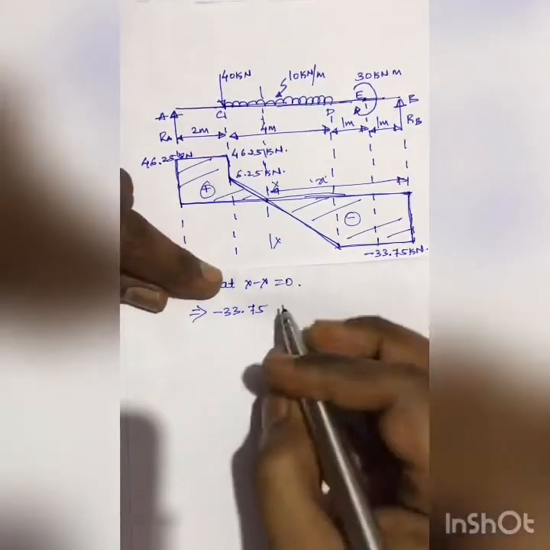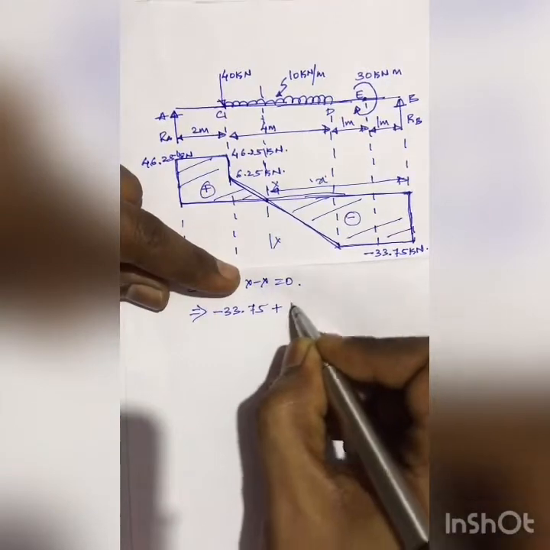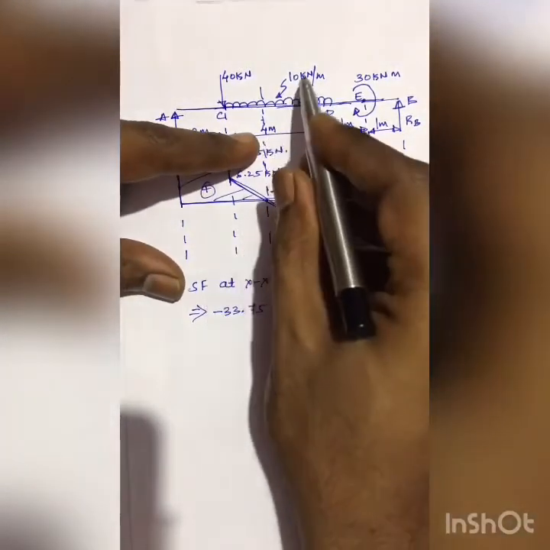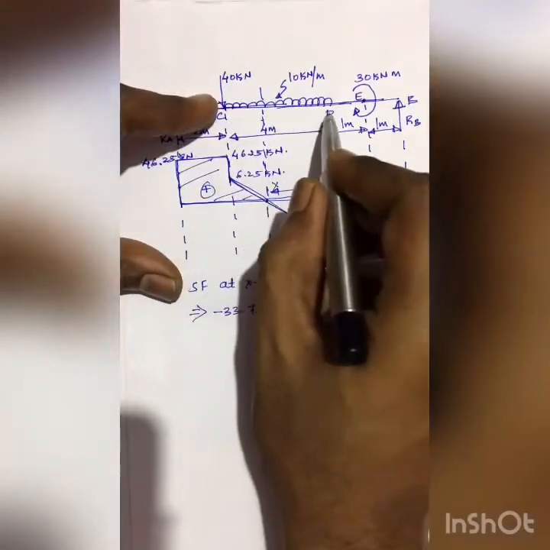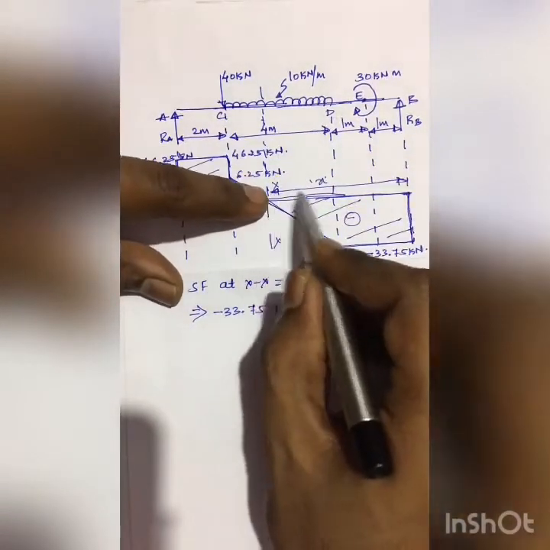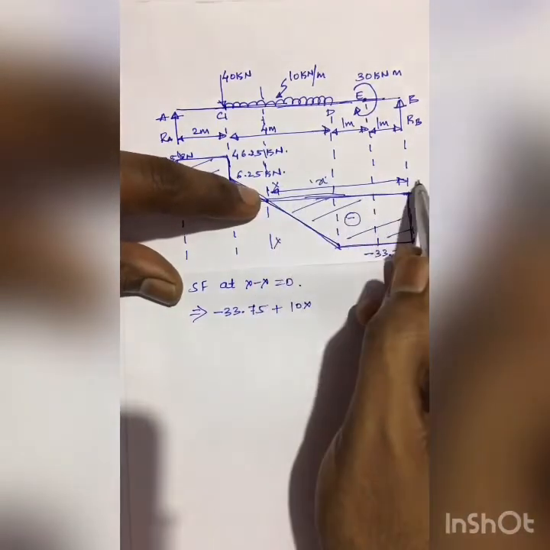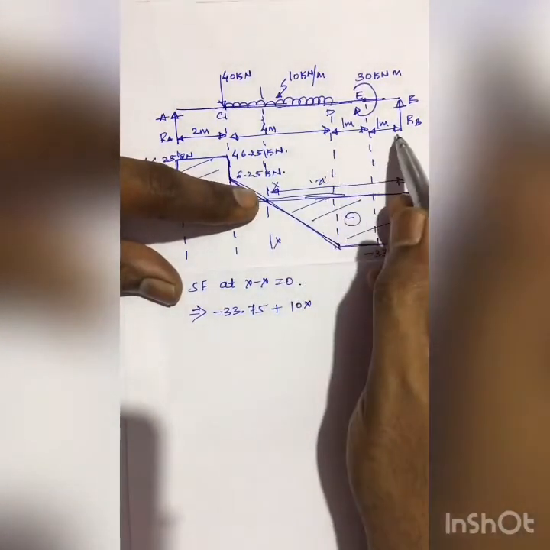And first I'll write this 10 into, I need to multiply this 10 not by this whole 4 meter distance but only this distance. And how much is this distance? Is it not this x minus this 2 meters?